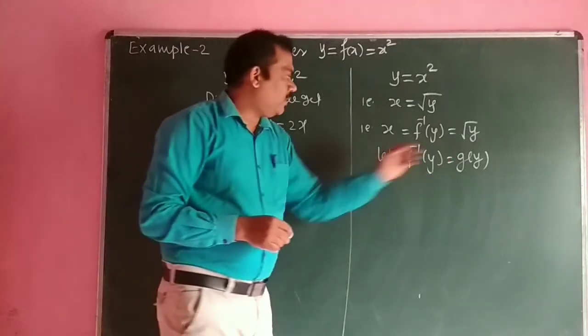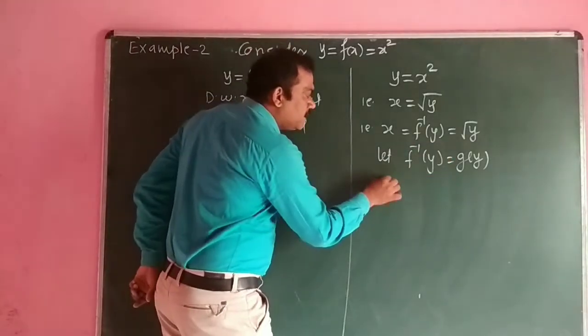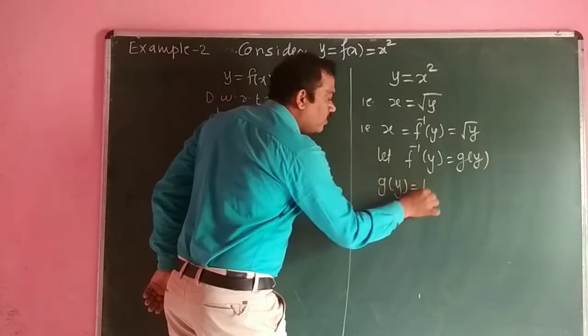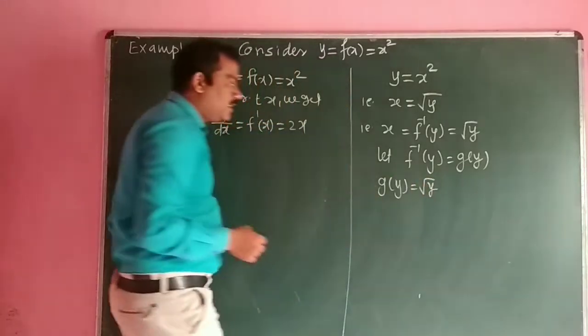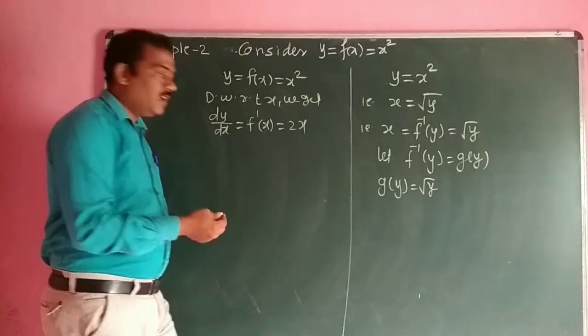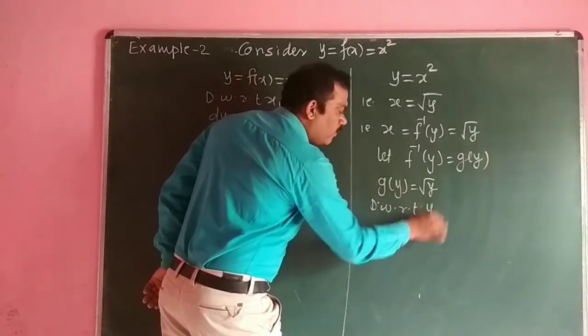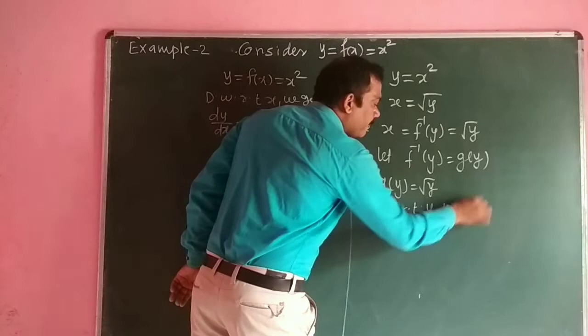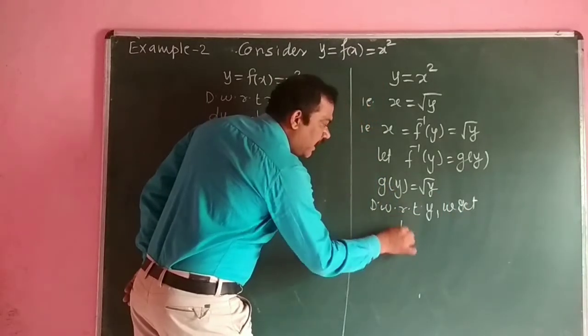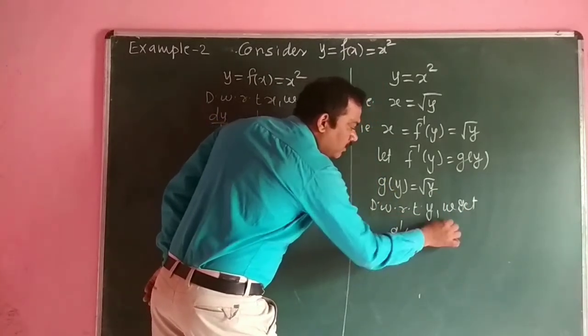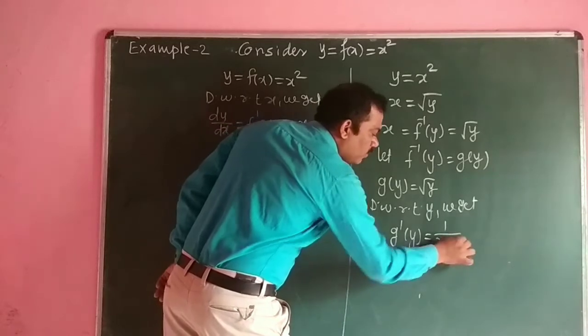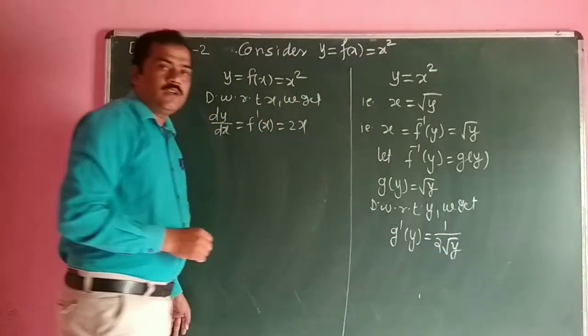Now here, g(y) = root of y, and if we differentiate this with respect to y, we get g'(y) = 1/(2 times root of y).